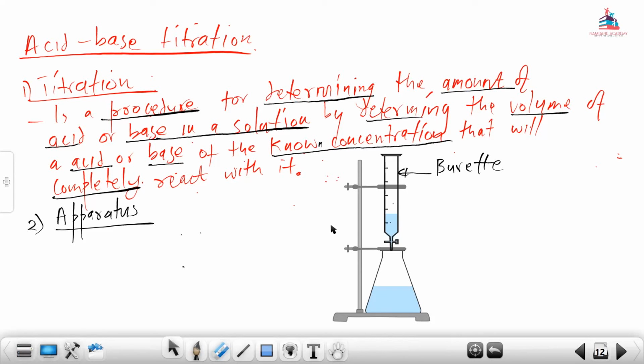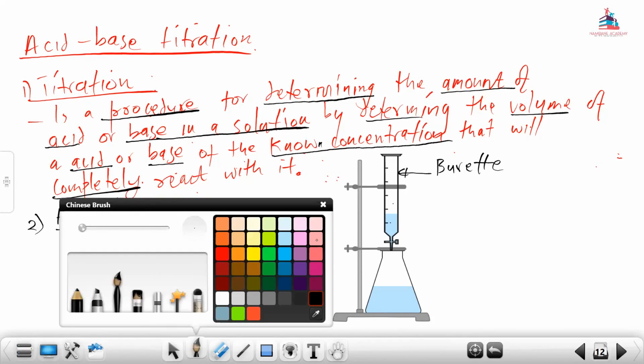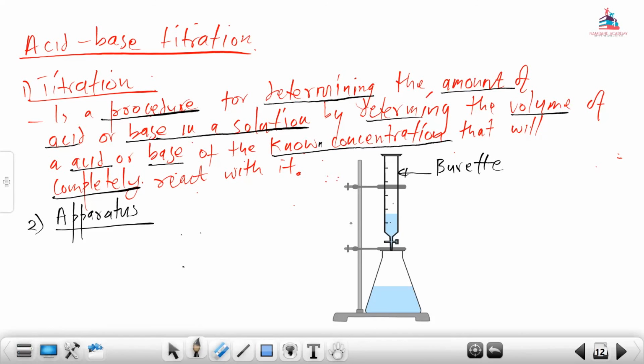And then you have this one here. And this one is called a retort stand. Retort stand. You must also know that.